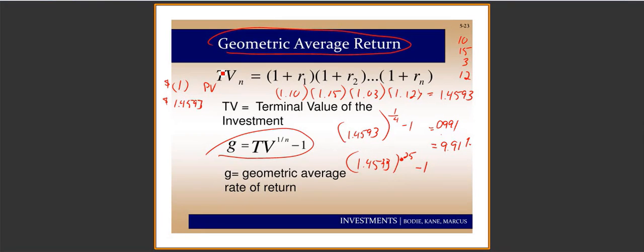Enter in a -1 as the present value because you would have to invest $1, which would be a negative cash flow. Then plug in 1.4593 as the future value. And then plug in 4 as N because it was 4 returns, and then solve for I in your financial calculators if you have them. And you would get 9.91%.